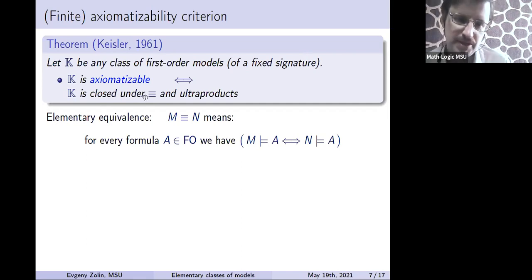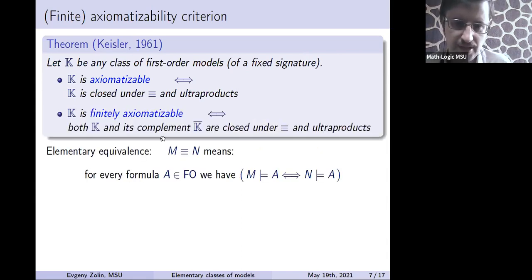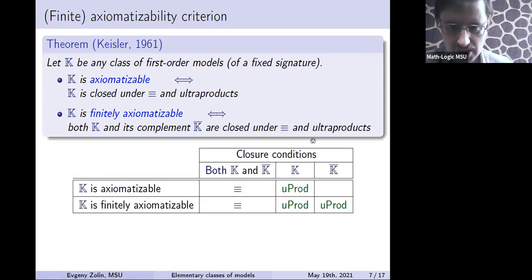So K must be closed under elementary equivalence and ultra products. We don't need what is an ultra product today. Just remember that this is some operation on models. And it is finitely axiomatizable if both the class K and its complement satisfy the previous conditions, closed under elementary equivalence and ultra products. So this theorem is summarized in this table.